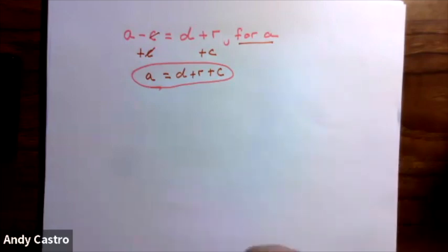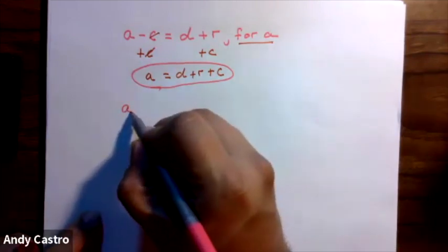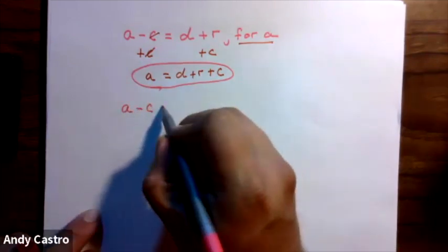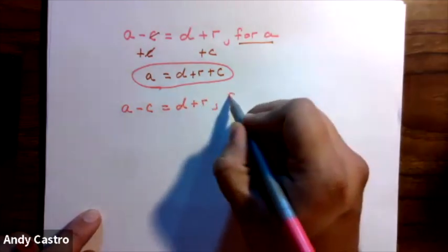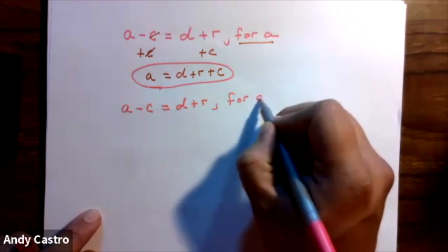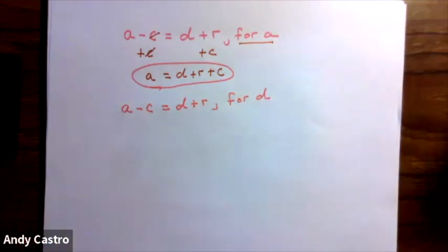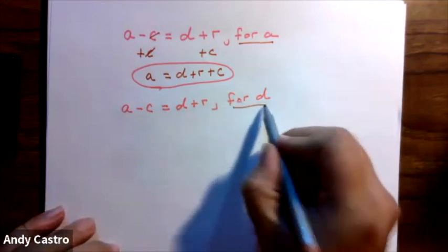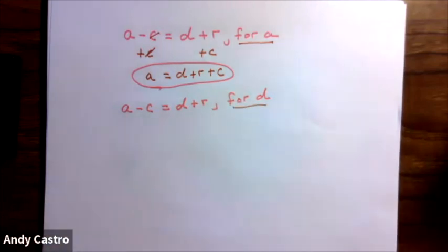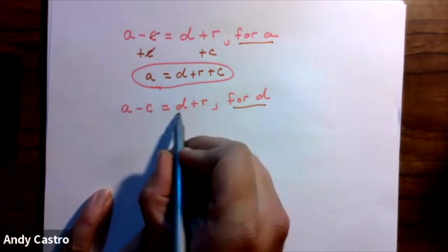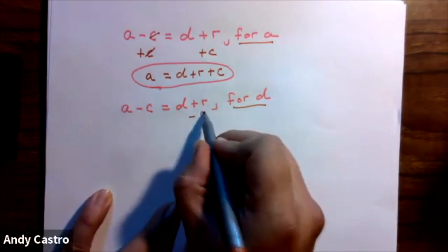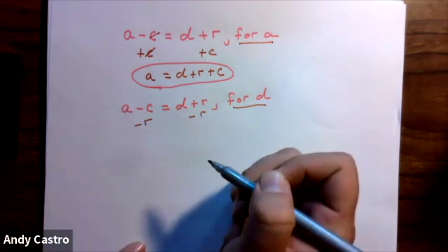Let's solve for D. A minus C is equal to D plus R, the same exact equation, and we're just solving for a different variable. I have D over here, so to get D by itself, I'm going to subtract R from both sides.